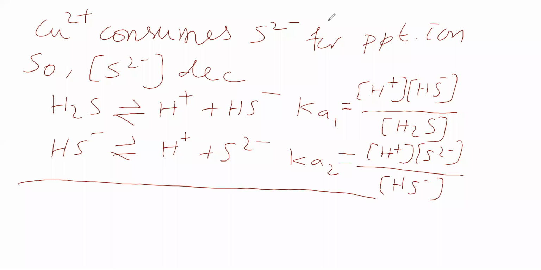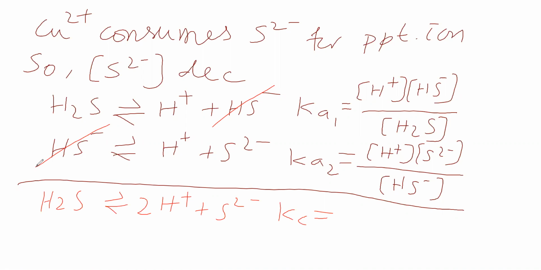Now let us see the overall reaction. We cancel the common term HS-, so we get H2S in equilibrium with 2H+ plus sulfide. Now the equilibrium constant Kc is equal to [H+]^2 [S2-]/[H2S].